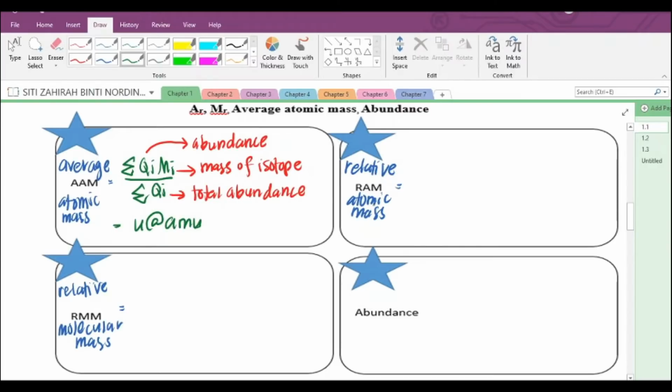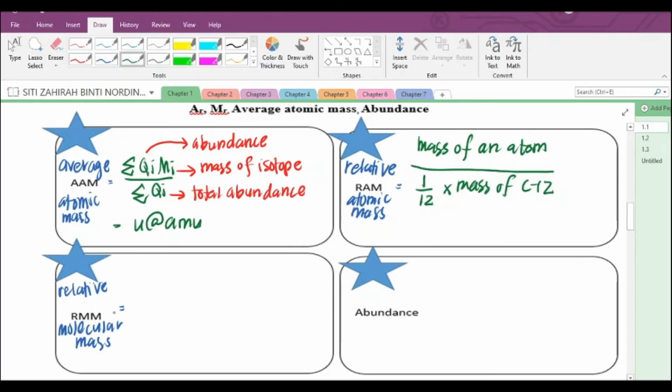For relative atomic mass, the formula is the mass of an atom divided by 1/12 times the mass of carbon 12.